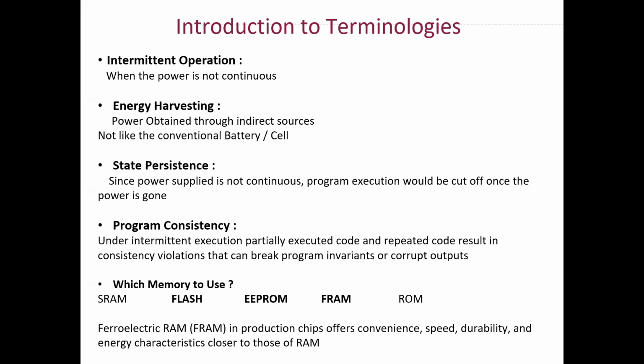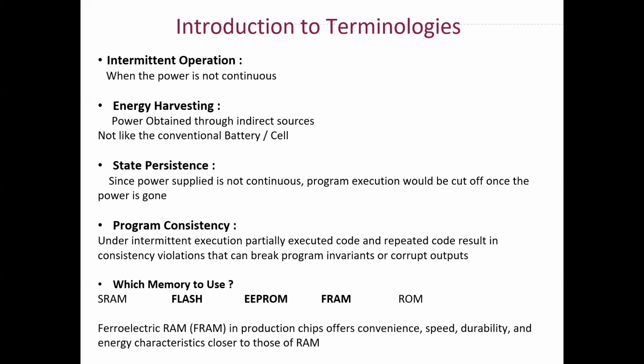Now, we have quite a few different types of memory to choose from when it comes to intermittent computing. Till now, with continuous power, we never think exactly of which memory we need to store our program in. But with intermittent power and especially state persistence, the type of memory we use plays a very vital role.